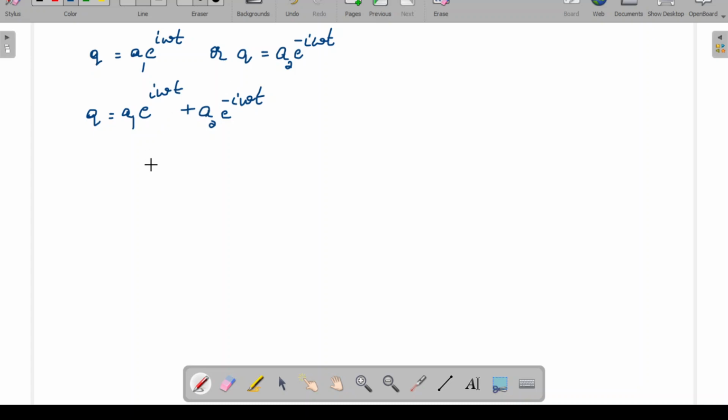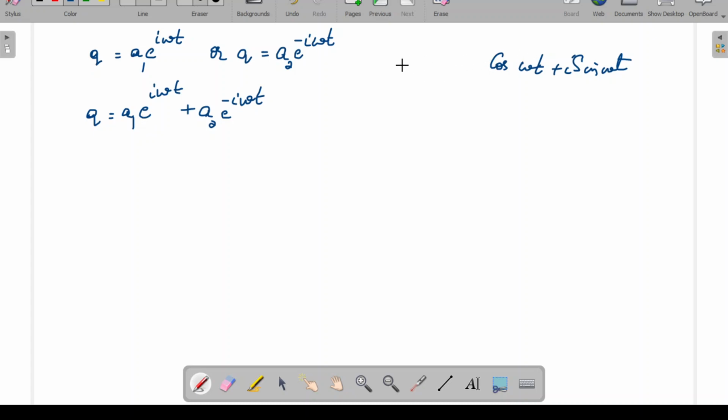So then I can write a1 as equal to, okay, here e raised to i omega t is actually cos omega t plus i sin omega t. If q has to turn out to be a real number, then a1 must again be a complex number.